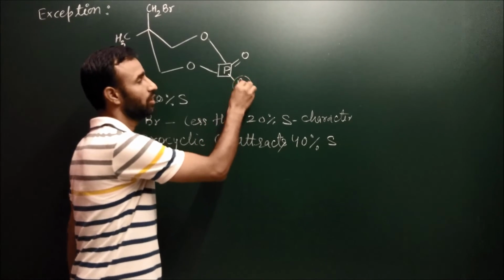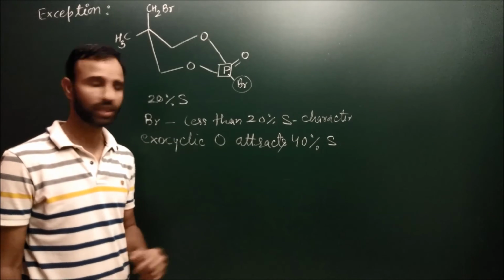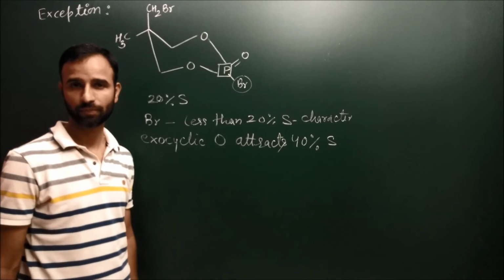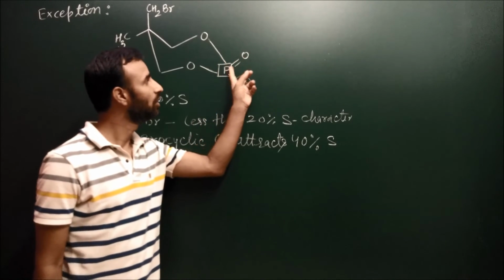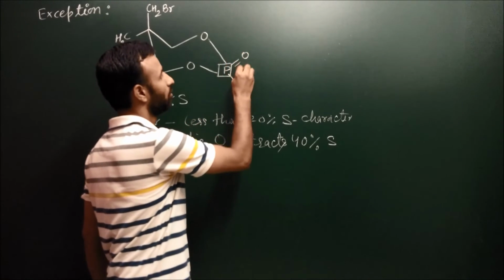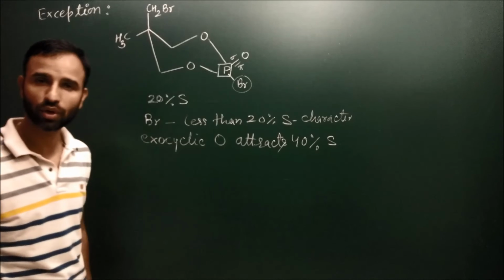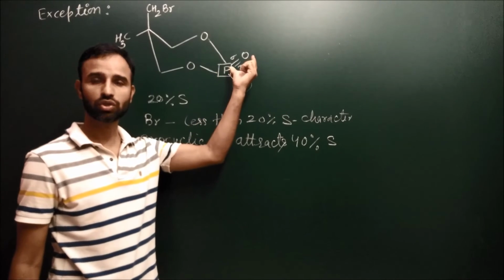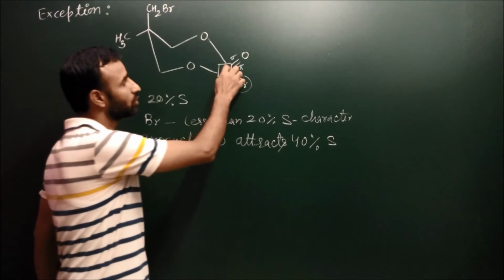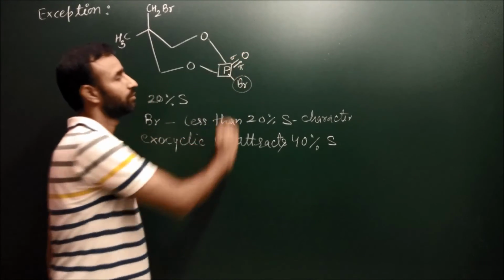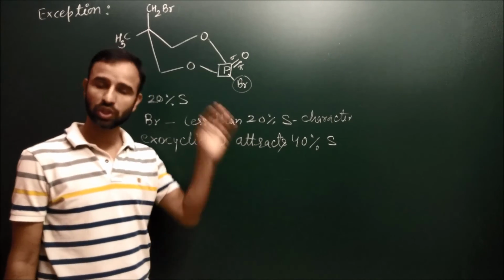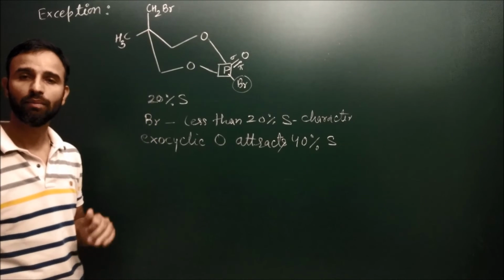The first reason is bromine is large in size, it has diffused orbitals, so bonding is weak. And the second reason is phosphorus attached to this oxygen has a pi bond in addition to the sigma bond, so this bond is strong. This oxygen comes closer to the phosphorus, and because of this bond strength, it attracts around 40% S character, which was not explained by Bent.